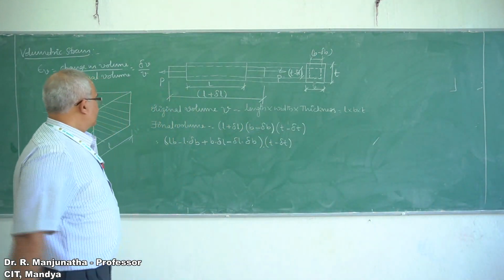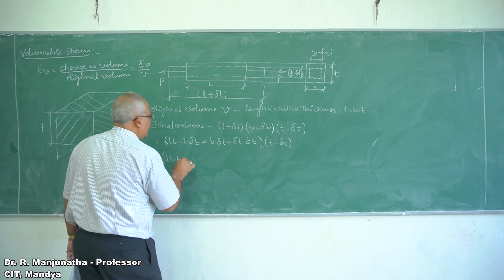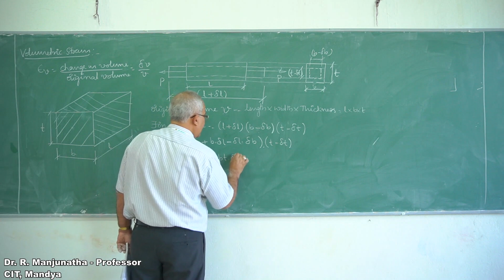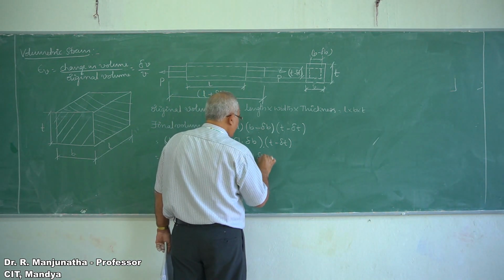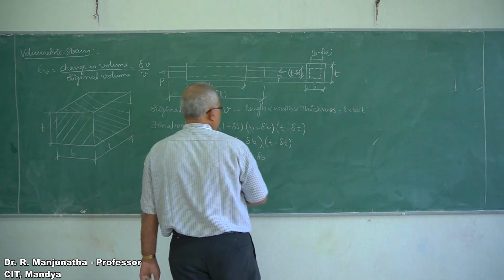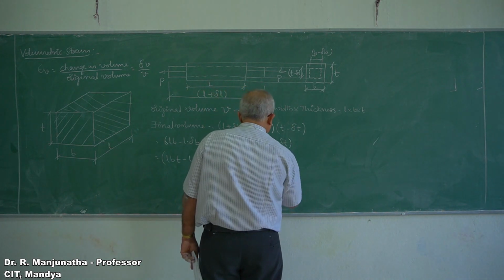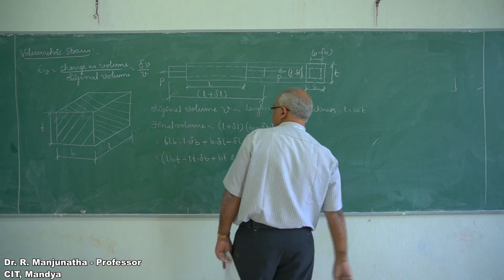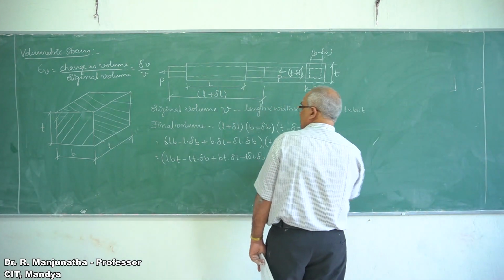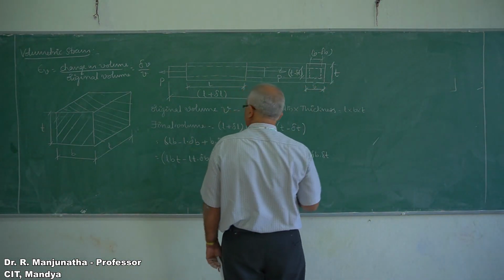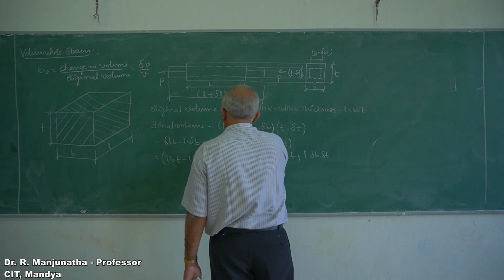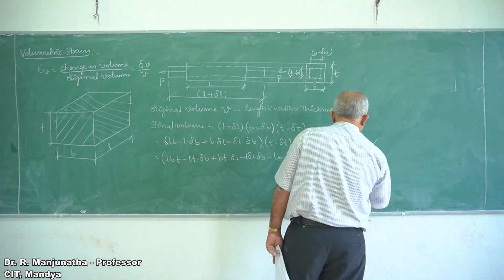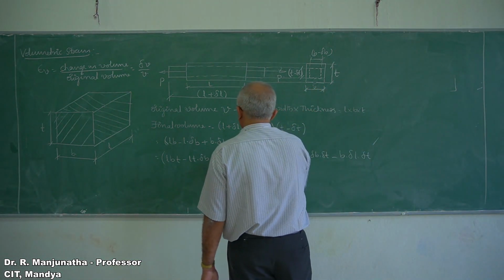Now we again multiply: L into B into T, then minus L into T into delta B, plus B into T into delta L, minus delta L into delta B into T, then minus into plus, minus L into B into delta T, then minus L into delta B into delta T, then B into delta L into delta T. So again minus into minus becomes plus, L into delta B into delta T, then plus into minus becomes minus, delta B into delta L into delta T, then minus into minus becomes plus again.